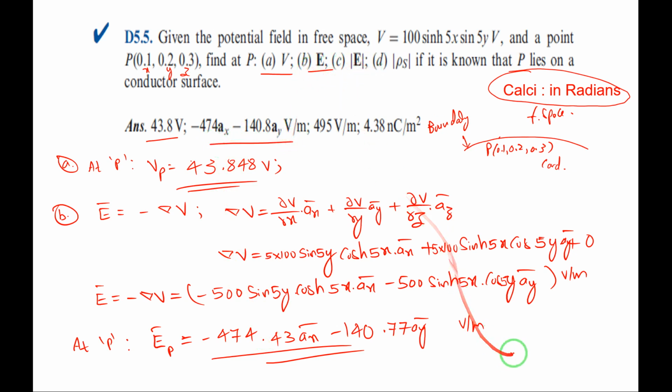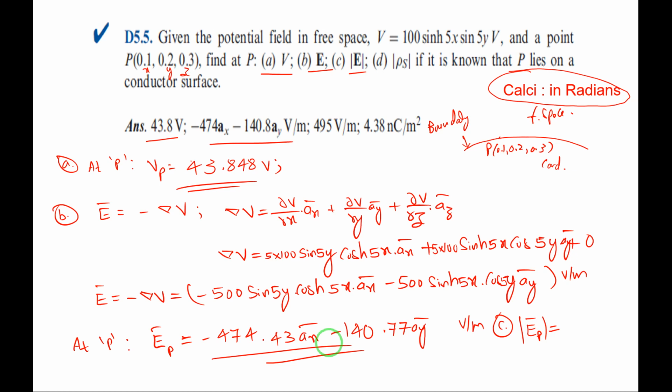Next, magnitude of E, part C. Find the magnitude of E vector at point P. So under root of 474.43 square plus minus 140.77 whole square. Find the magnitude, under root of 474.43 square plus 140.77 square.